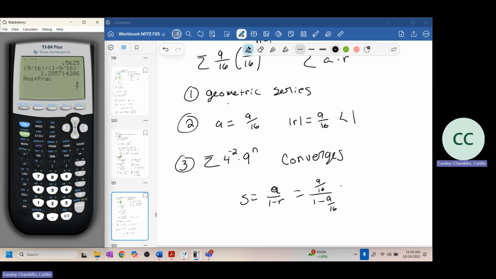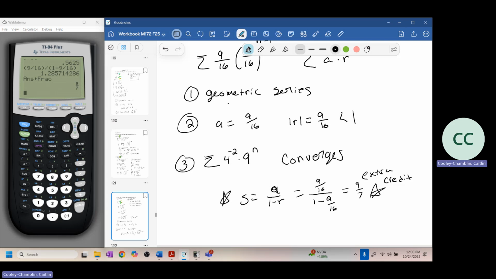We get 9/7. So on the test, I will give extra credit for this. However, it may ask it on the homework. Just a side note, I more care if it converges or diverges.